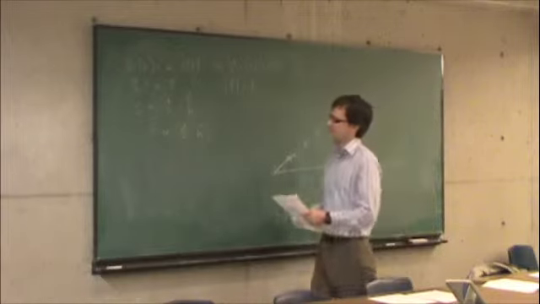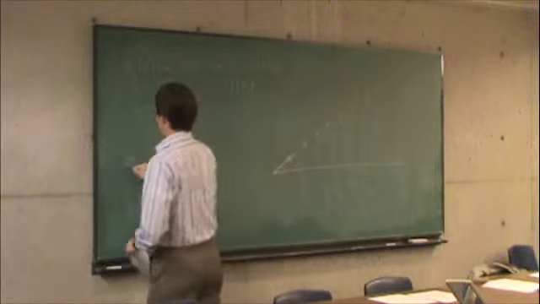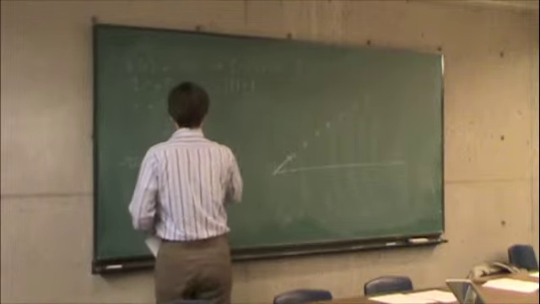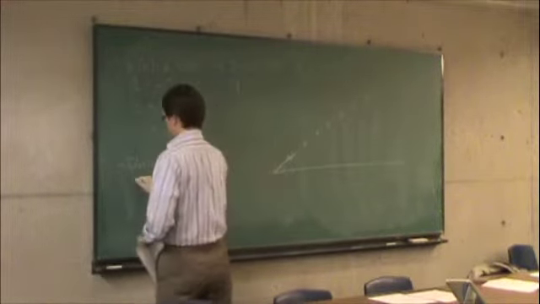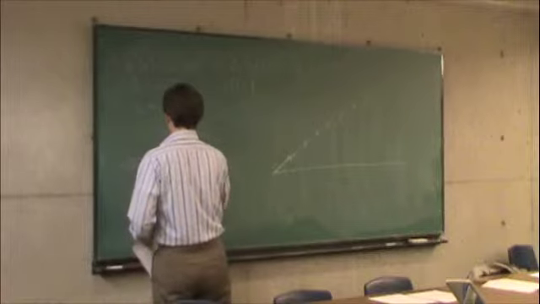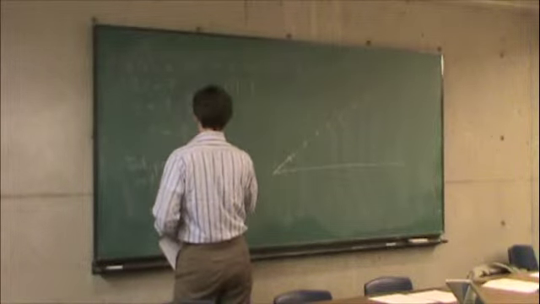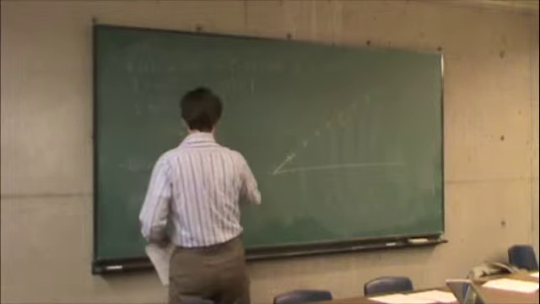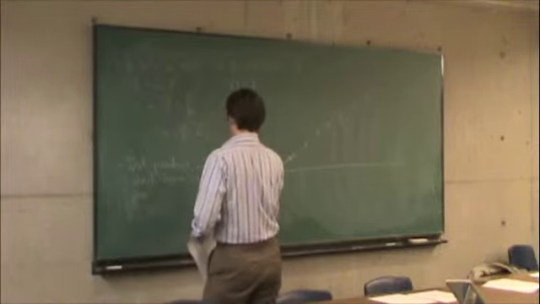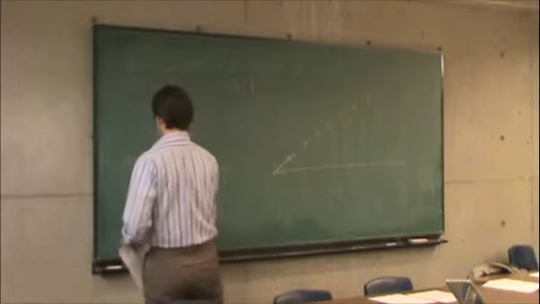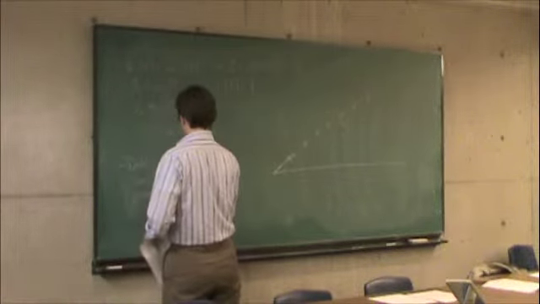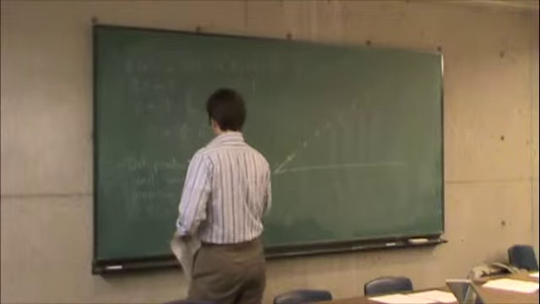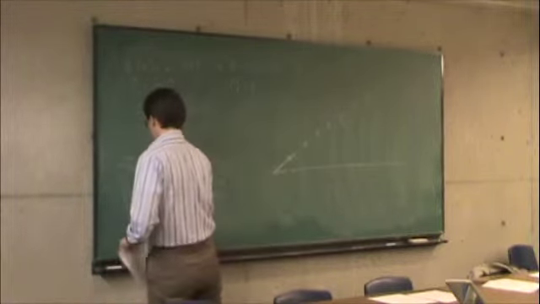When I take the dot product with a unit norm vector, the H hat vector, that's equivalent to projecting the vector onto the H hat axis.